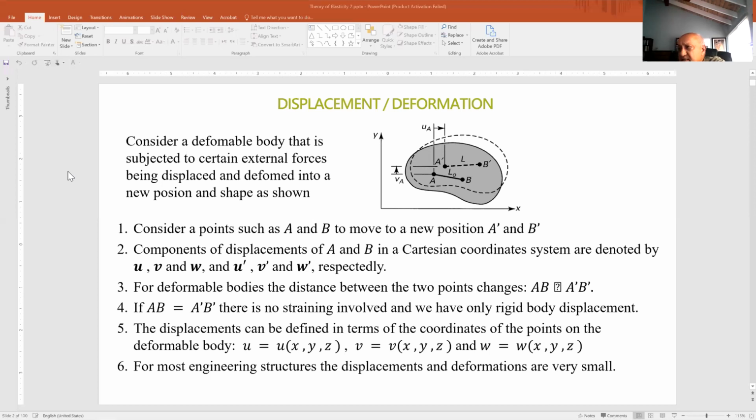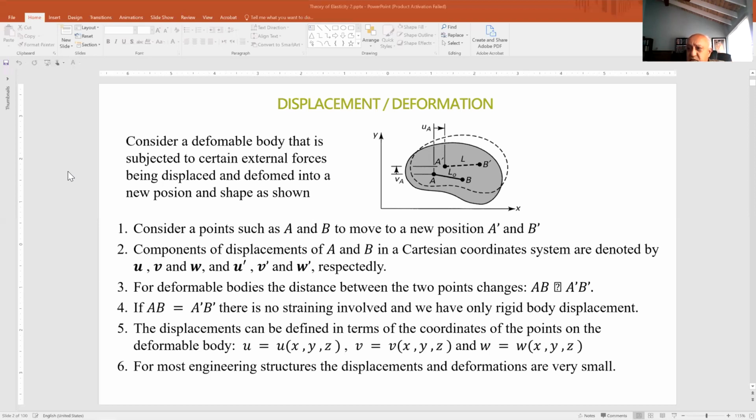And as you can see, the displacement in X direction is shown with the letter U, and the displacement in Y direction is shown with the letter V. The picture is a two-dimensional deformation, but if we have a three-dimensional deformation, naturally displacement in Z direction will also be defined with W. Similarly, point B moves to a new position B prime with the displacements U prime, V prime, and W prime. It's just a simple displacement.